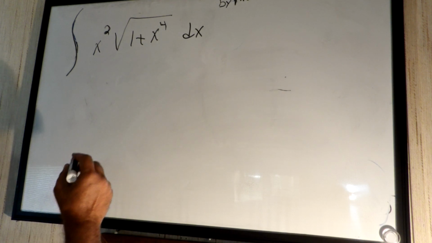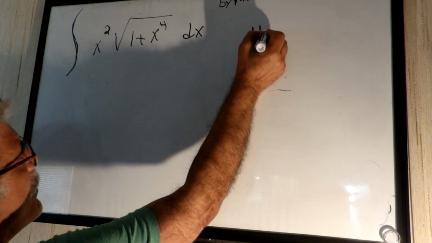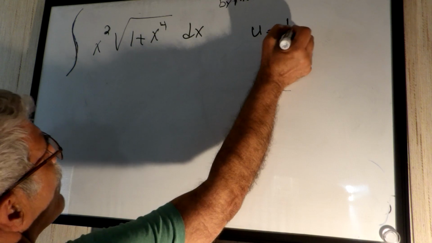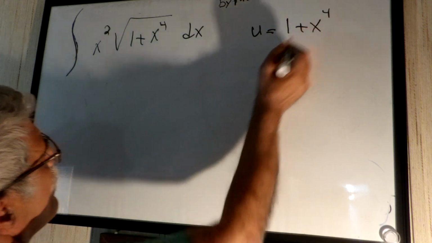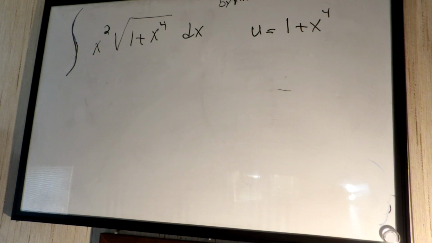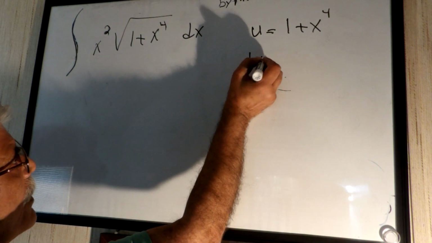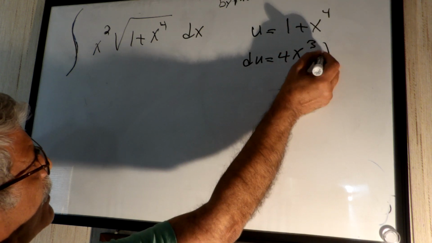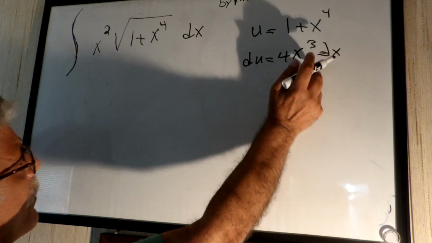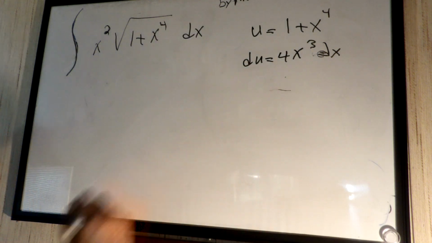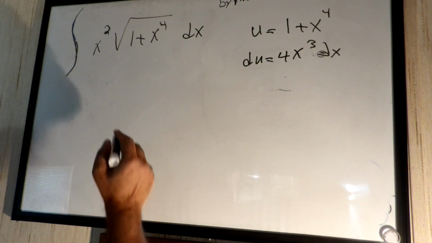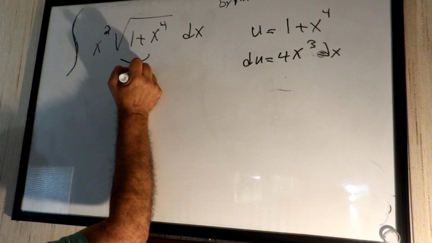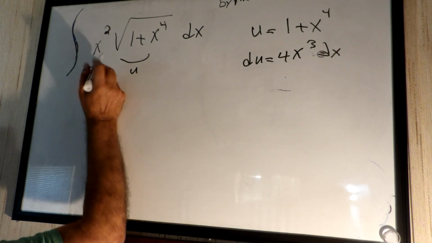So what we do, we say u is equal to 1 plus x^4, and du is going to be 4x^3 dx. This is u, and this is dv.